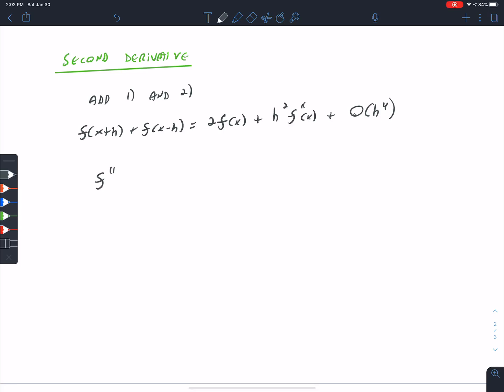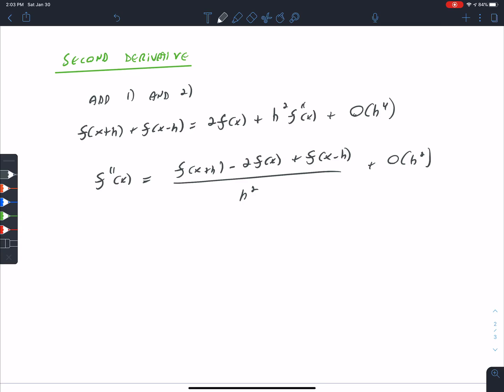So f double prime of x will be equal to f of x plus h minus 2f of x plus f of x minus h divided by h squared plus an order h squared.